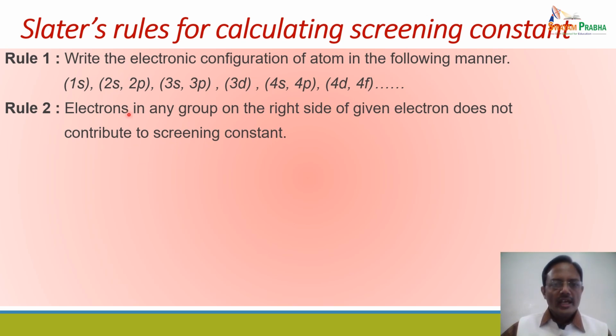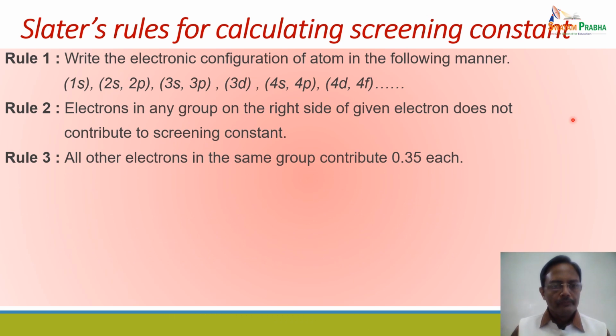Another example, if I want to calculate the screening constant for a 2s electron, then 3s, 3p, 3d, 4s, 4p will not have any contribution to the screening constant. It's quite obvious because these electrons are not present between the 2s electron and the nucleus. So only those electrons which are present in between will contribute to the screening constant.